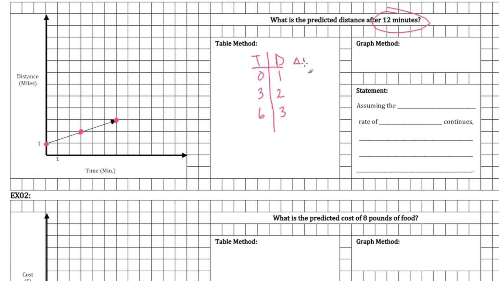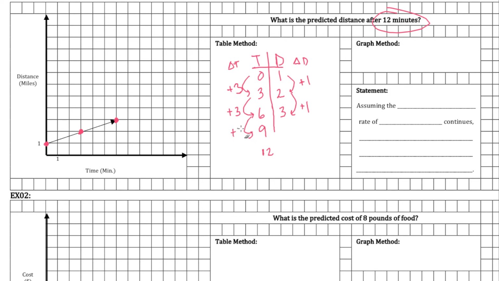So let's do change in distance over the change in time. The distance increases by 1 when the time increases by 3 minutes. So distance increases by 1 mile every 3 minutes. We're trying to get to 12. So it goes 0, 3, 6, 9, 12.